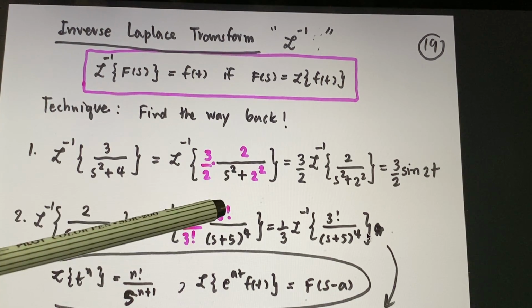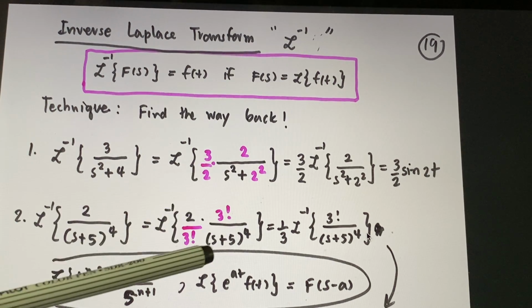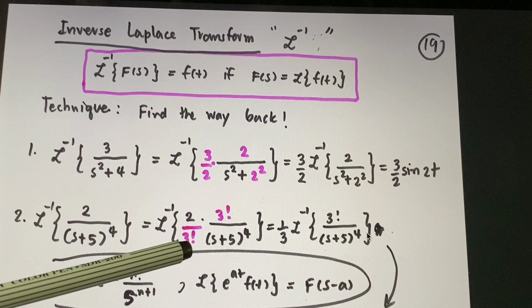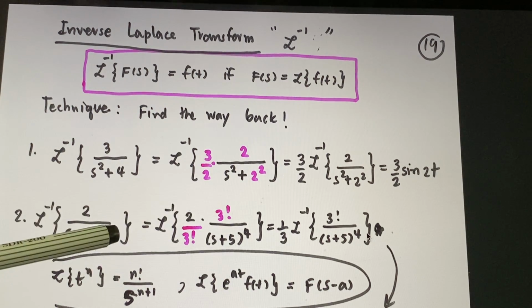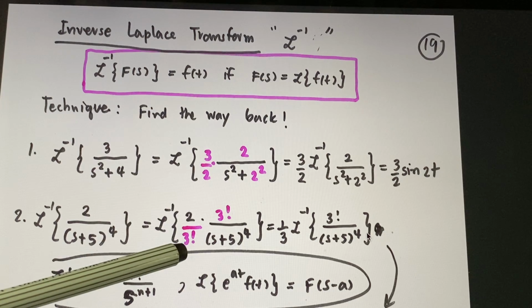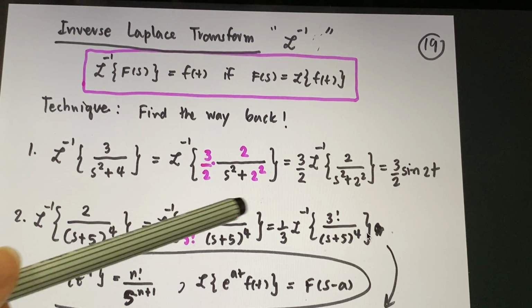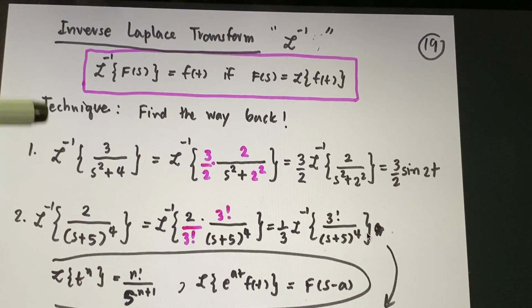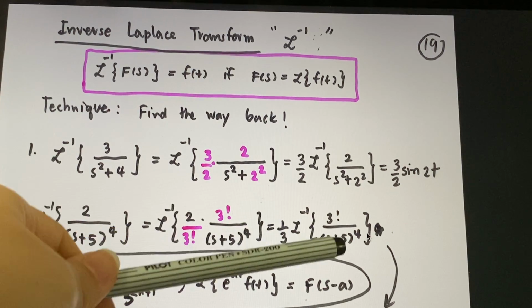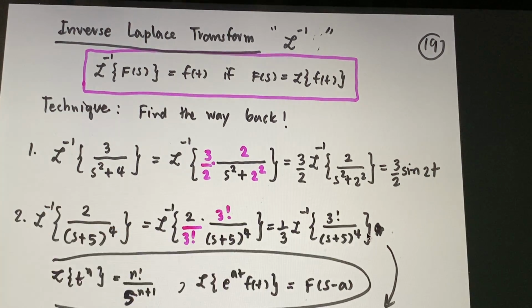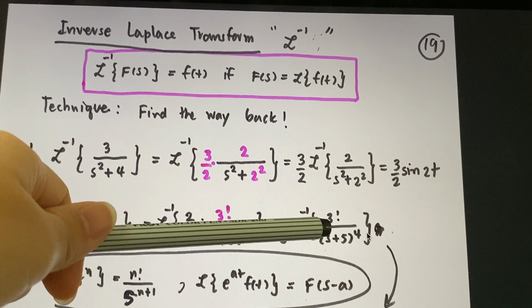So I just write 3 factorial and divide by 3 factorial, divided by itself, so nothing changes with this function. 3 factorial is 6. 2 over 6 is 1/3. I factor 1/3 out. And inside here is 3 factorial over something to the power 4.